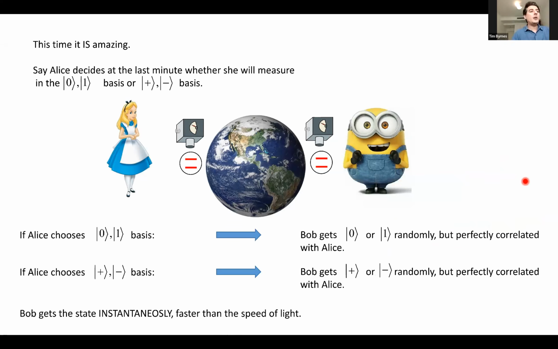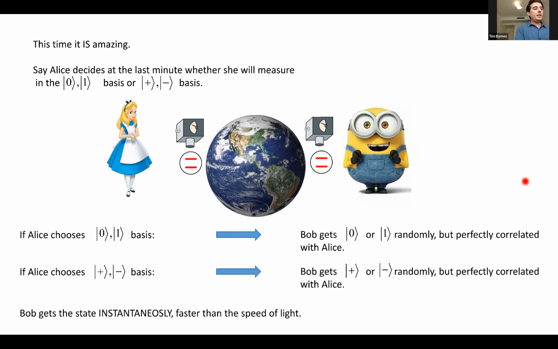So what this means is that Alice could just decide at the very last minute whether to do the measurement in the 0, 1 basis or the plus minus basis. Okay, so she could just decide, last minute, okay, this time I'm going to do 0, 1.